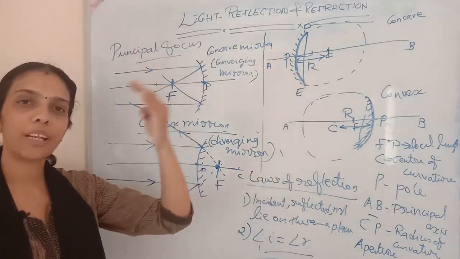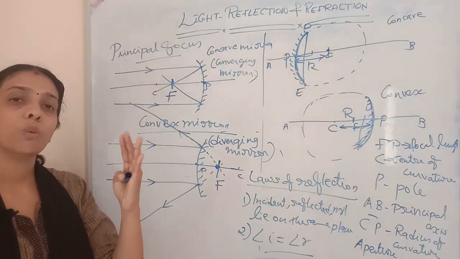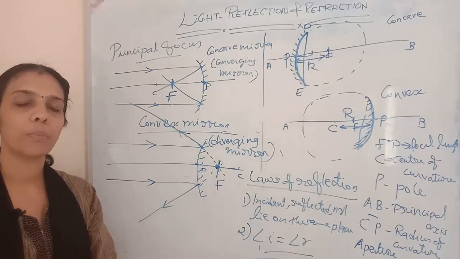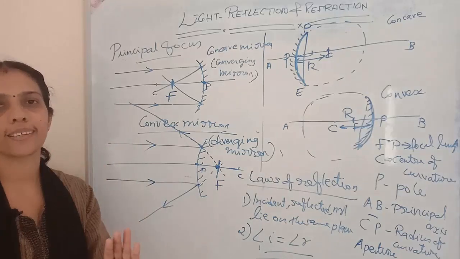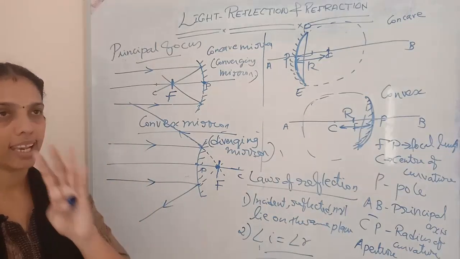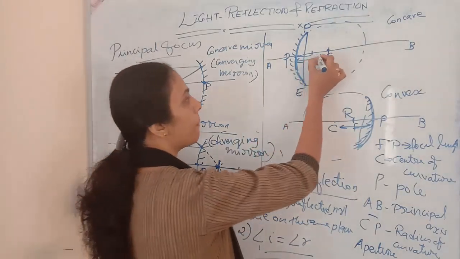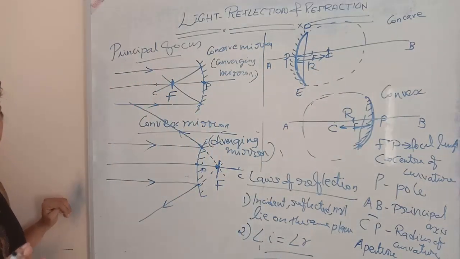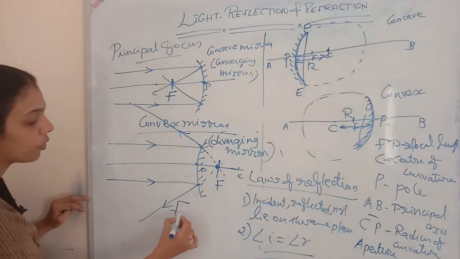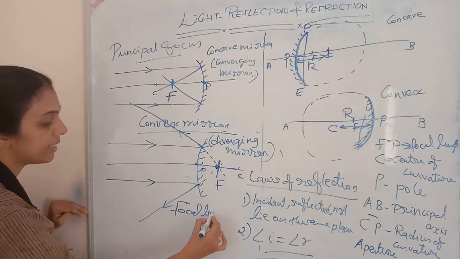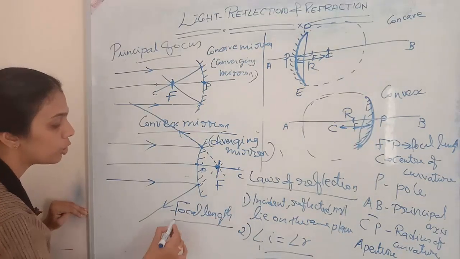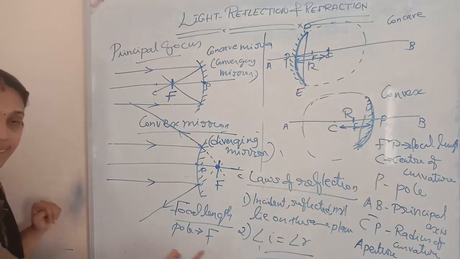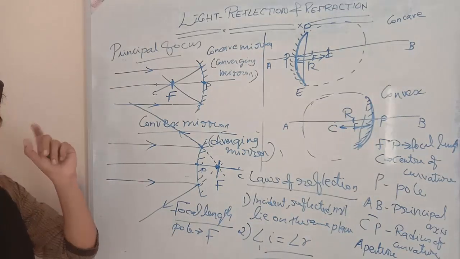From pole to principal focus, what is that distance? That distance from pole of the mirror to principal focus is called the focal length. Okay, so focal length is the distance from pole to principal focus.